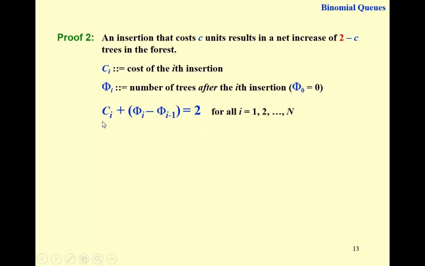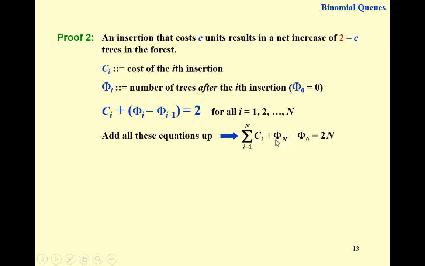We move the actual cost to the left-hand side of the equation, and here we go. Now let's sum them up. And what do we get? Here we have the total sum of the costs plus all those potential function values in between are going to be cancelled out. So eventually we only have the first one and the last one remaining, right?